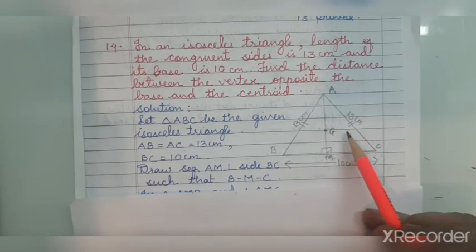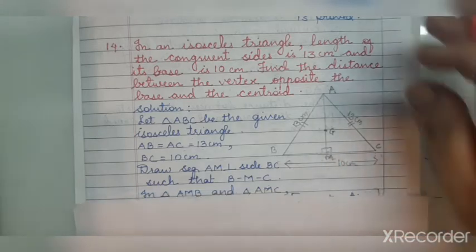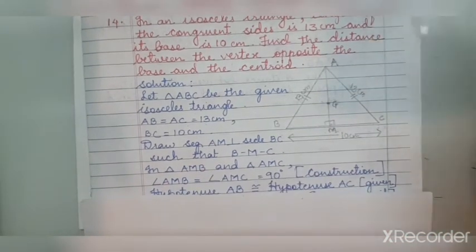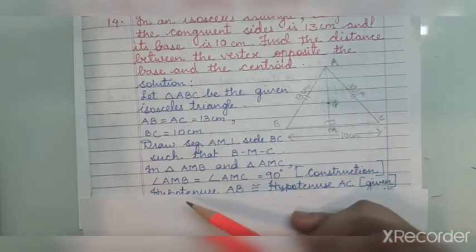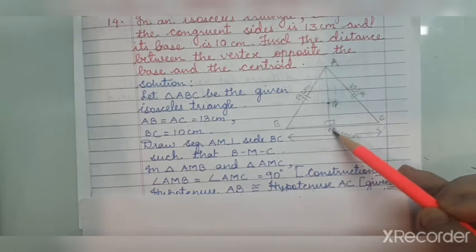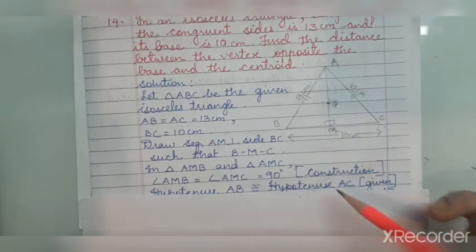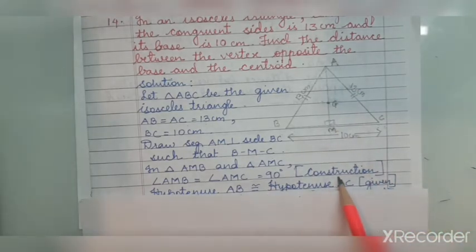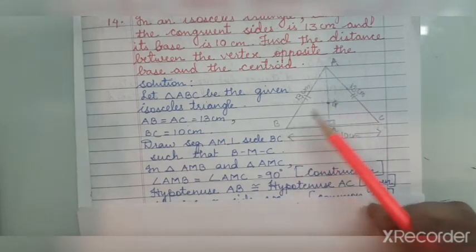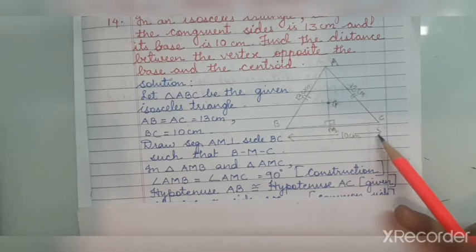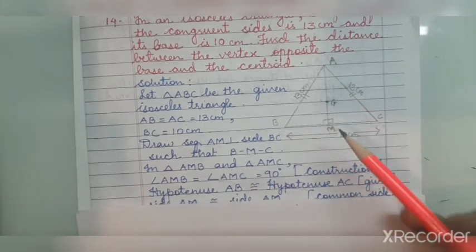the hypotenuse side theorem here. So what we do is we take both triangles, triangle AMB and triangle AMC, and we first mention that both angle AMB and angle AMC are 90 degrees by construction. And therefore, hypotenuse AB is congruent to hypotenuse AC, AM is congruent to AM.